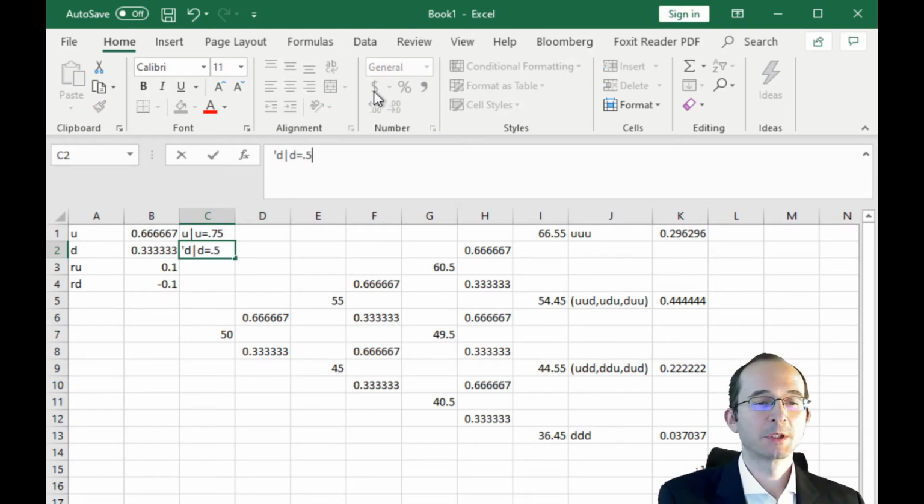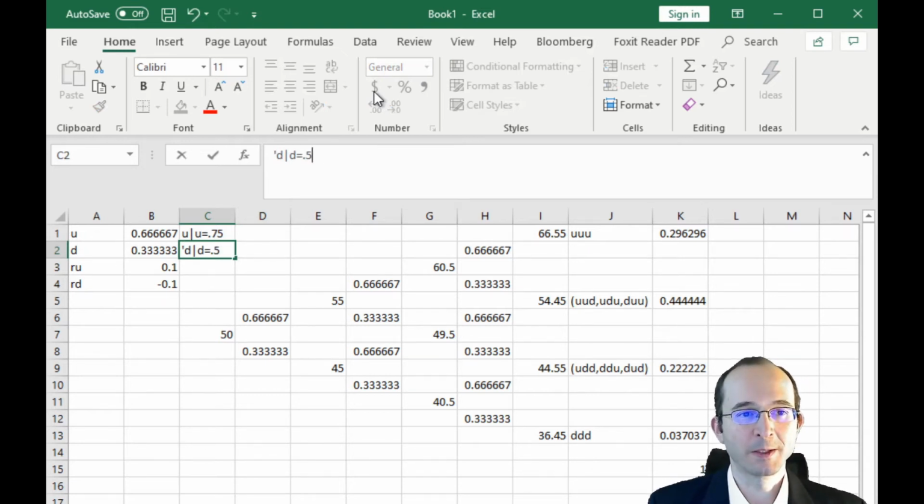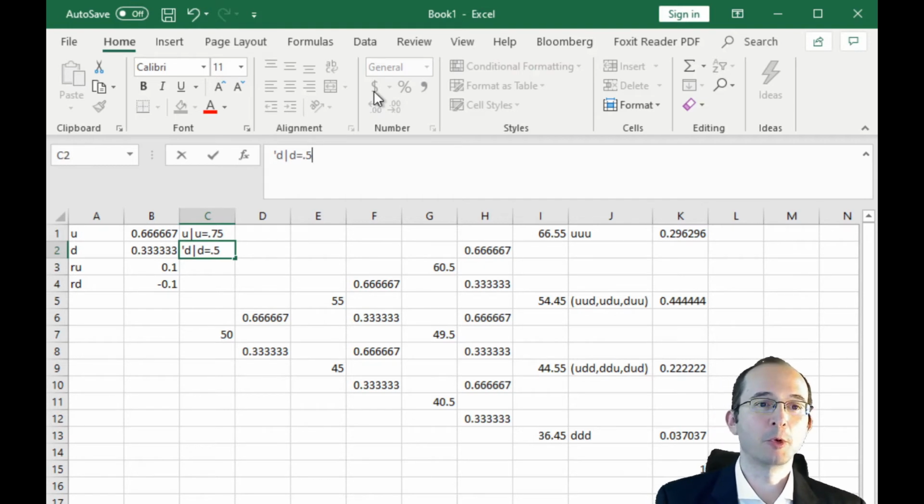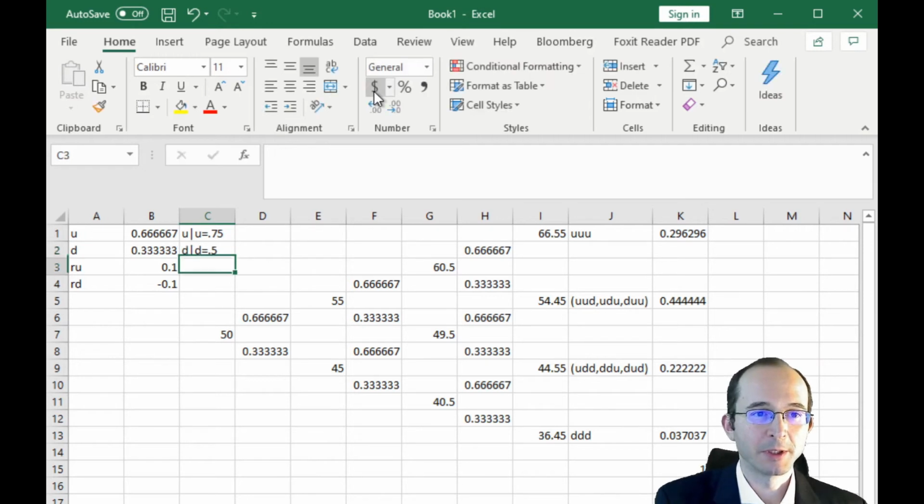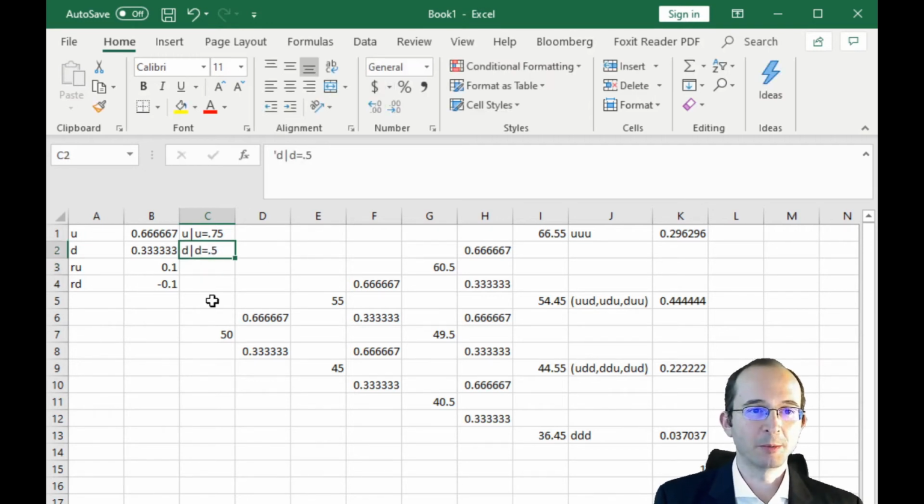So in other words, if you went up in the prior period, you're even more likely to keep going up, and if you went down in the last period, you're more likely to keep going down. Remember, this vertical bar is the conditionality operator from statistics.